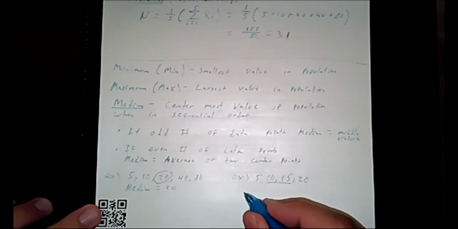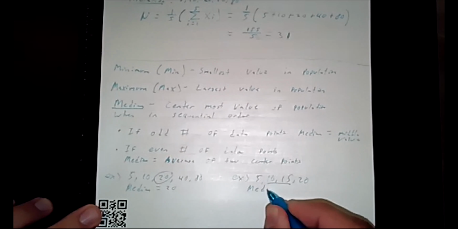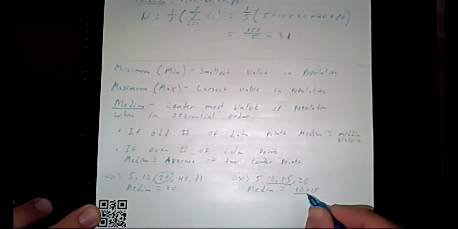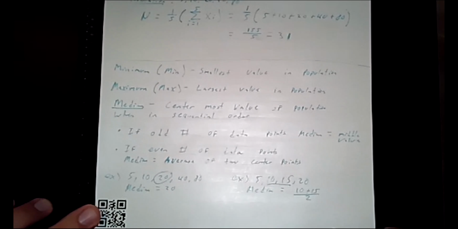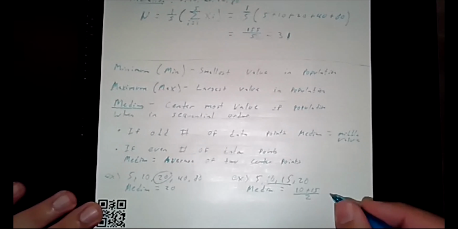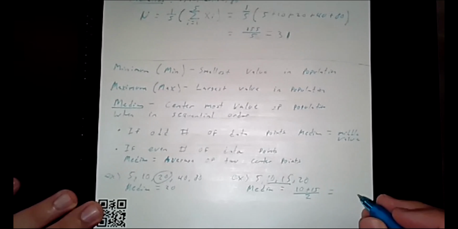So the median will equal 10 plus 15 over 2. That would be 25 over 2, which is 12.5.